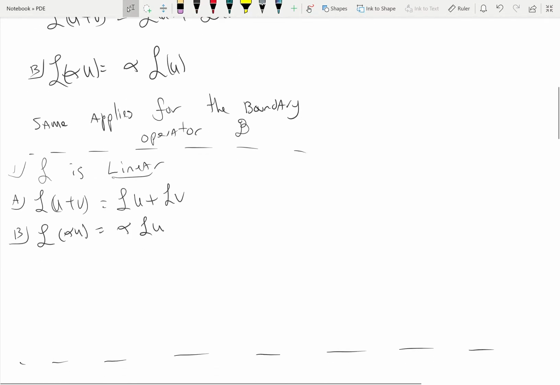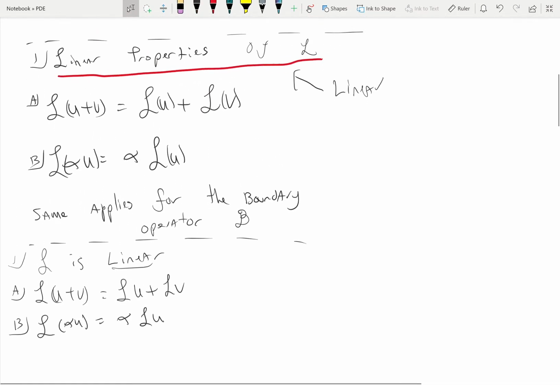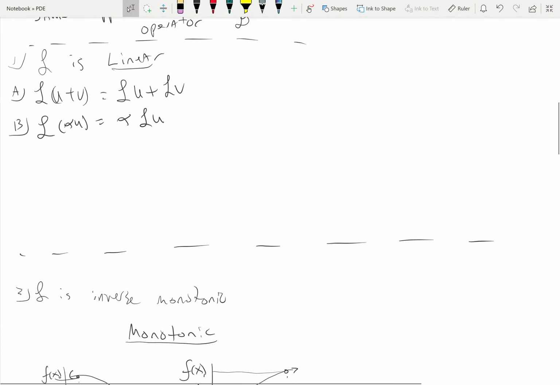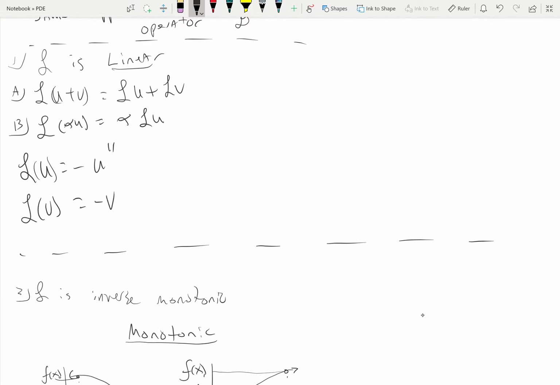So I'm going to go over a proof of linearity, which we're going to use later on. We're going to say that L of u is equal to negative u double prime. Now we have to introduce L of v, which is going to be equal to negative v double prime. So we can knock out two birds with one stone.